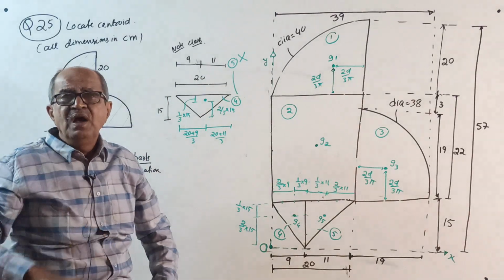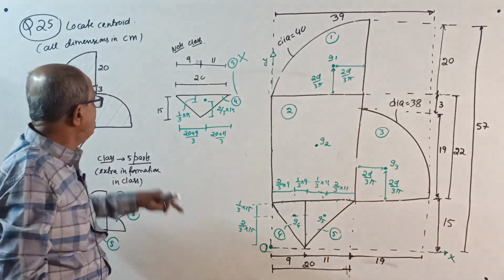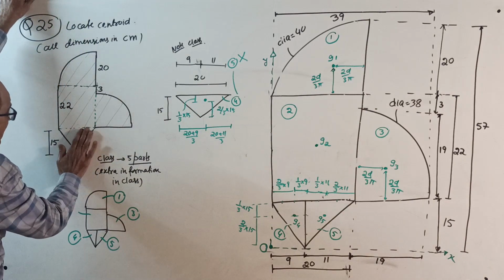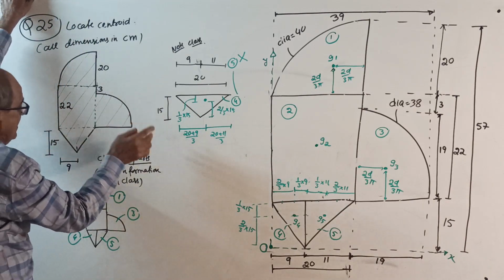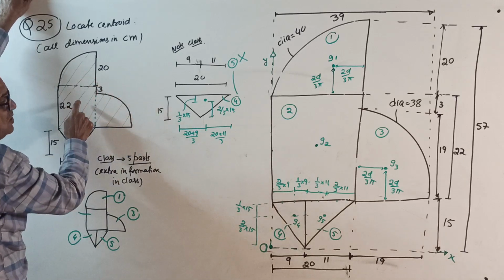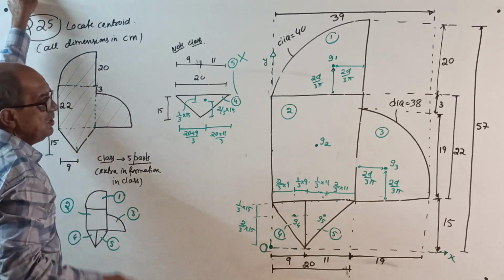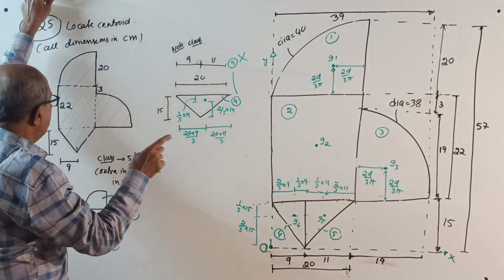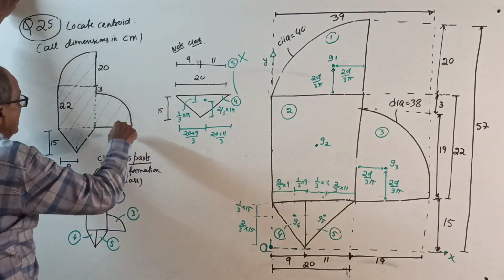If you know how to locate the centroid for a triangle in general. If I take the complete triangle as one triangle, then only 4 parts. You can save one part, but the problem is, you should know correctly how to locate the centroid.